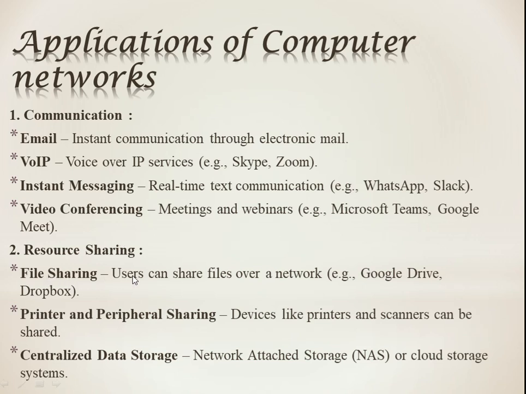Then file sharing, users can share files over the network. Printer and peripheral sharing, devices like printers and scanners can be shared. Then centralized data storage, network attached storage, that is NAS, or cloud storage systems.